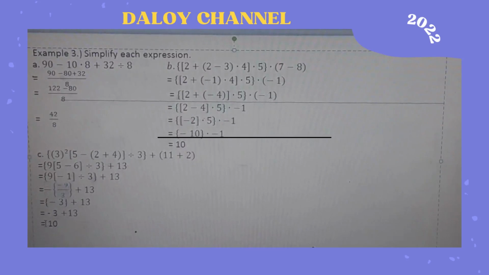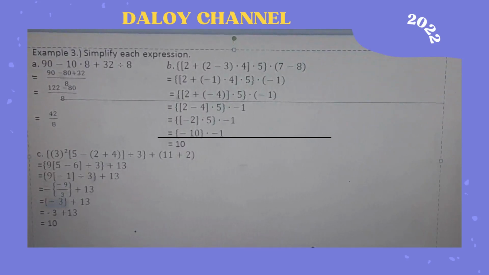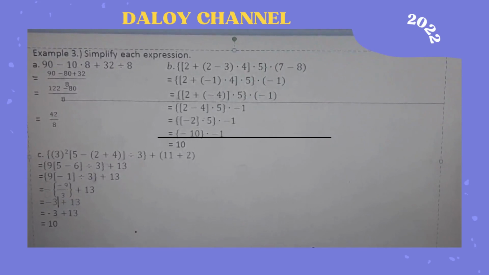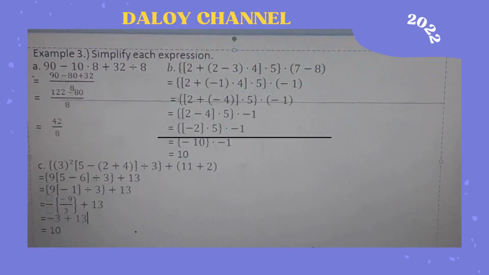Okay? So we can eliminate the symbol here already. Negative 3, simplified as divided by, to be added by 13.